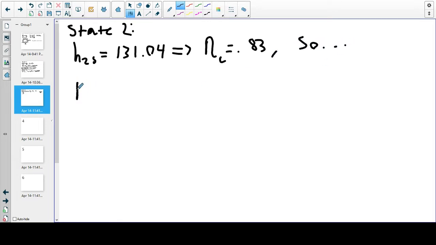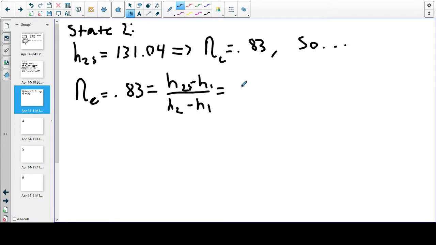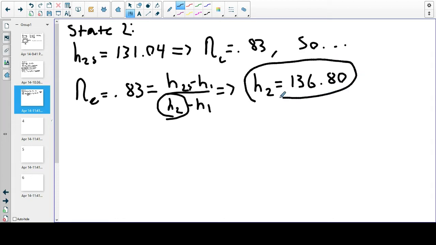Since we know the compressor efficiency is 0.83, we are now solving for the non-ideal version, h2, using the compressor equation, which we've all seen at this point. If you rearrange that equation, you will find that h2 is equal to 136.8, with a circle. Don't forget the circle.